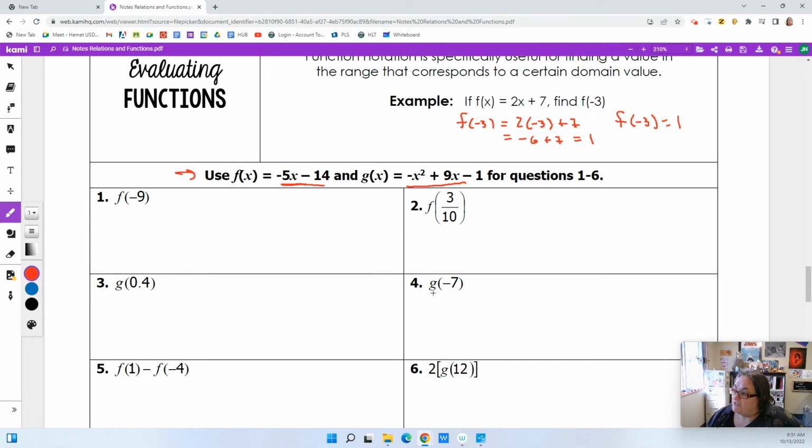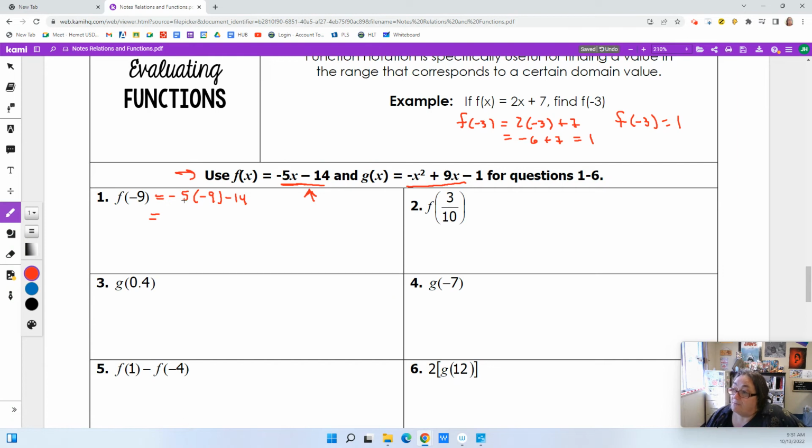If it's g of something, we're going to use the g equation. So if I have f of -9, I'm going to use minus 5 times -9 minus 14. So I'm using this equation when it says f of something.